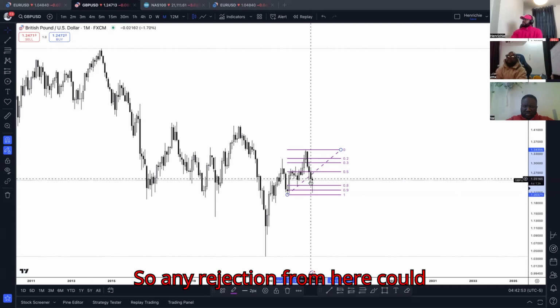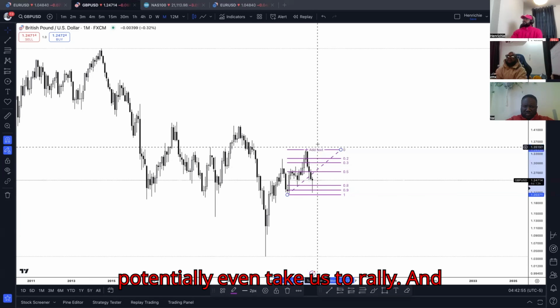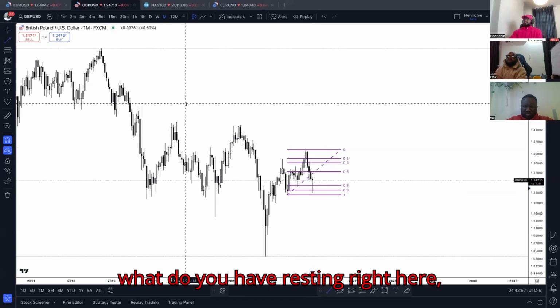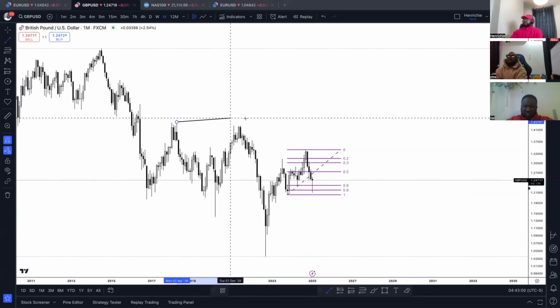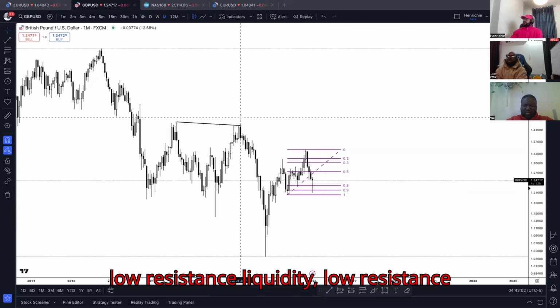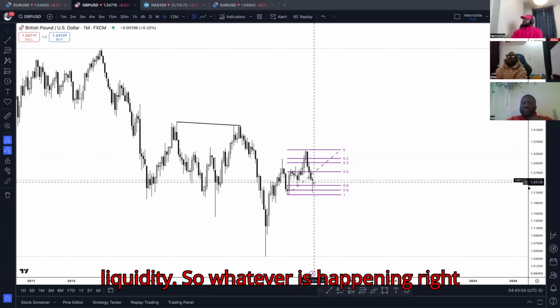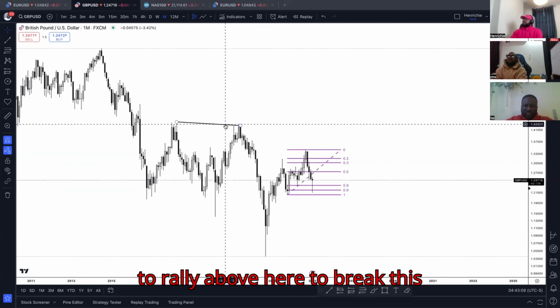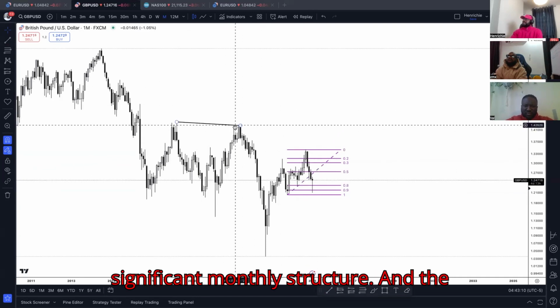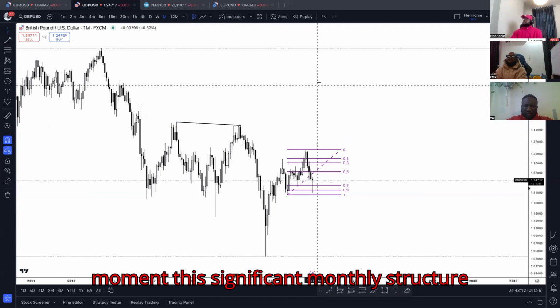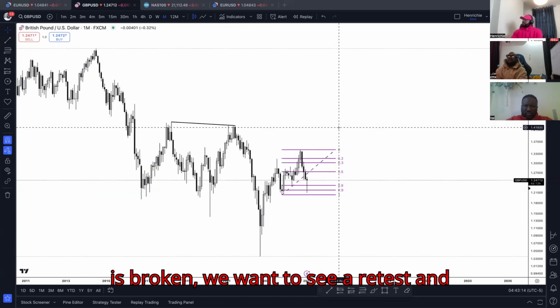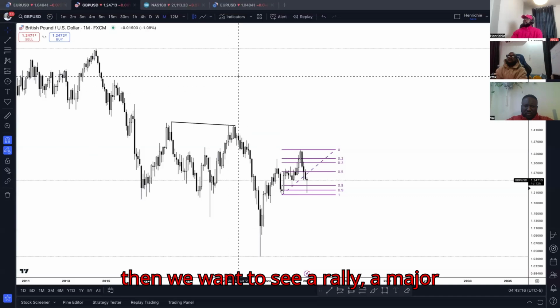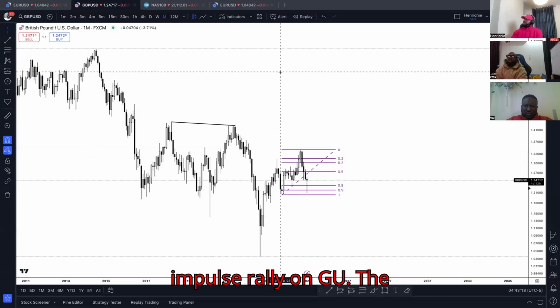So any rejection from here could potentially take us to rally. And what do you have resting right here? Low resistance, low liquidity. So whatever is happening right here could literally be engineering price to rally above here to break this significant monthly structure. And the moment this significant monthly structure is broken, we want to see a retest and then we want to see a major impulse rally on GU.